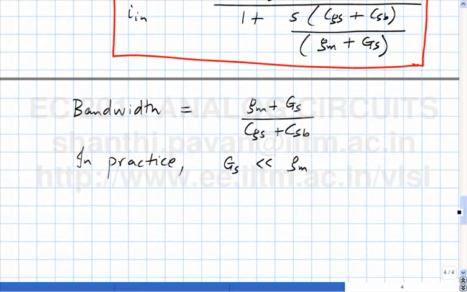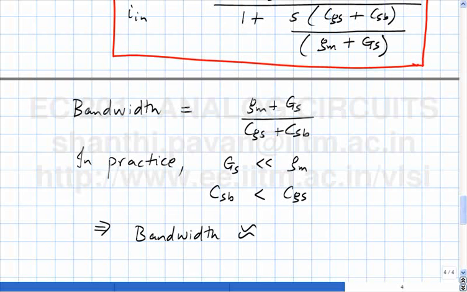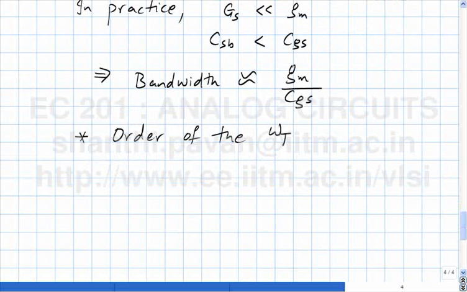And from the details of the device construction, it turns out, as I have mentioned to you before, that CSB is smaller than CGS, which means that the bandwidth is approximately Gm by CGS, the transition frequency of the device.